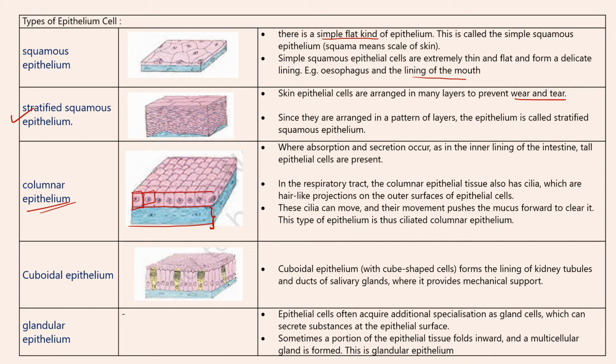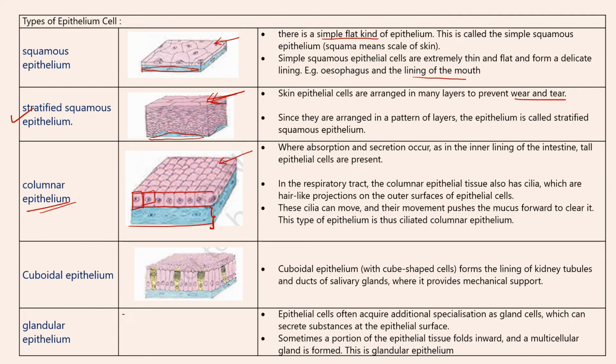All these light blue colored cells are extracellular fibrous cells, and they are not epithelial cells. Epithelial cells are only the pink colored cells. So this is squamous epithelium, this is stratified epithelium, this is columnar epithelium. Each and every epithelial cell layer is followed by the extracellular fibrous material.